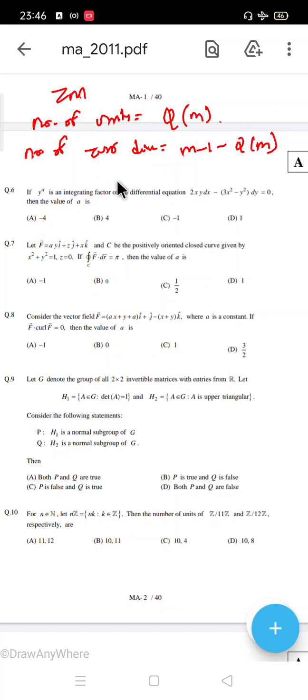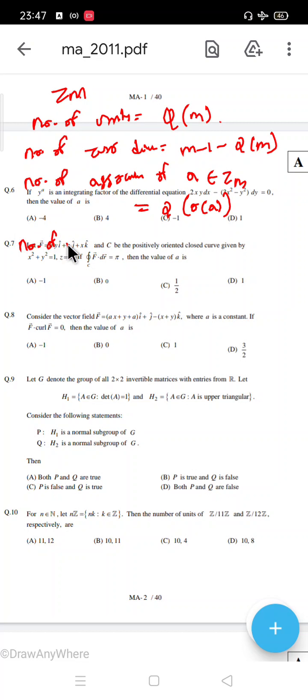The number of associates of an element E belonging to Zm is phi of the order of E. The number of nilpotent elements of Z p1^n1 p2^n2 and so on: if you have that, then the answer is p1^(n1 minus 1) multiplied by p2^(n2 minus 1), like this.